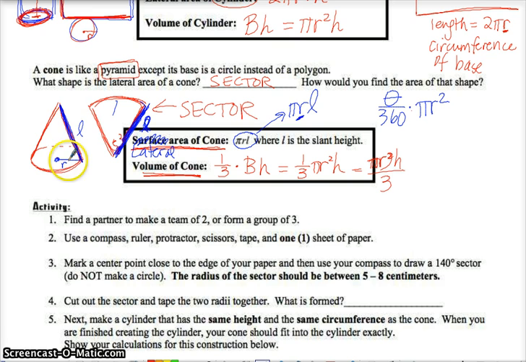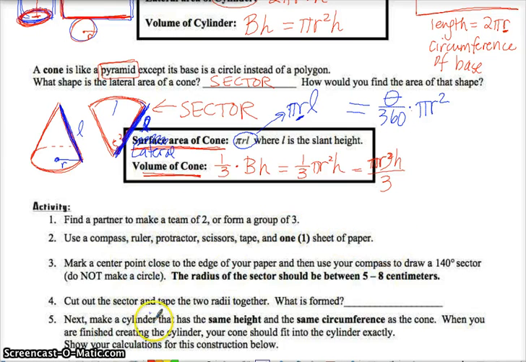So how does this pi r l equal theta over 360 times pi r squared? That's the million-dollar question, and I want you to think about that, and then we can talk about it in class. Maybe we'll do this activity down here.